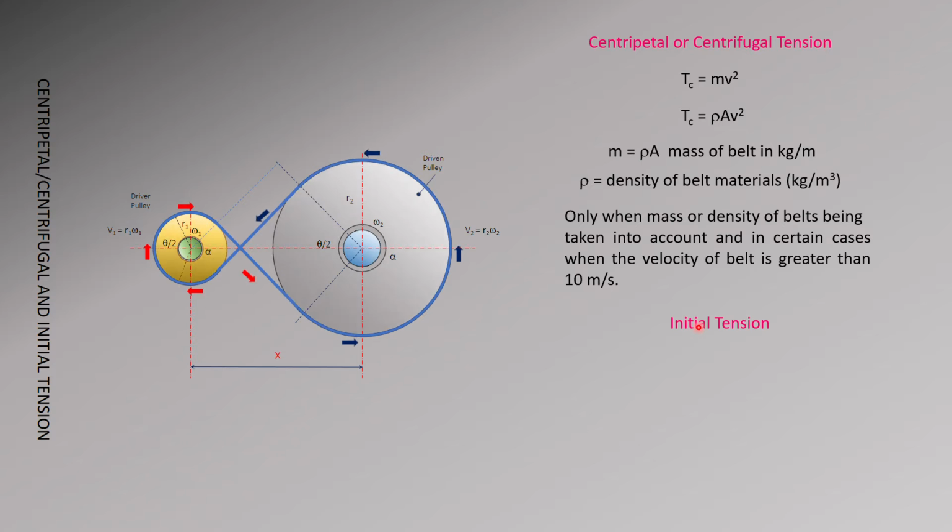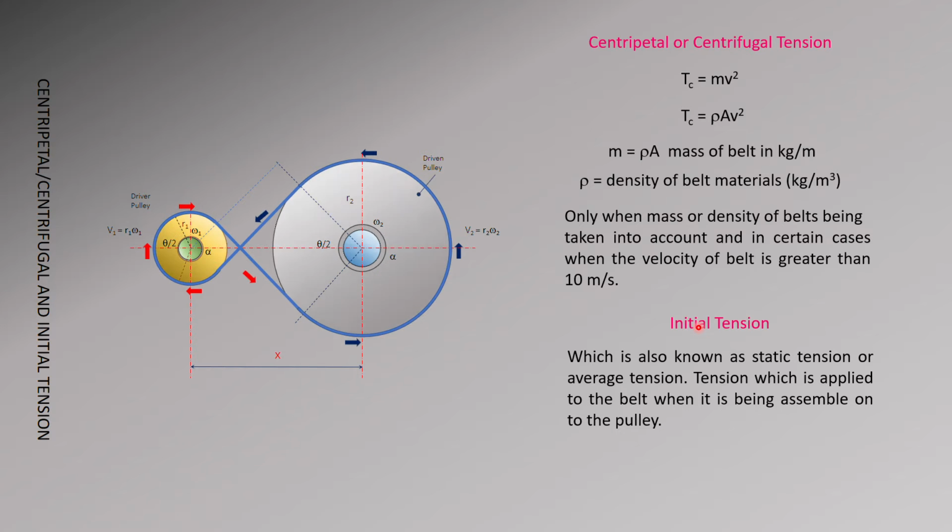Now, what is initial tension? Another tension here. T1 is the tight side tension, T2 is the slack side tension, TC is the centripetal tension. Now you have the initial tension, which is denoted as T subscript 0. That is called the initial tension, which is also known as static tension or average tension.